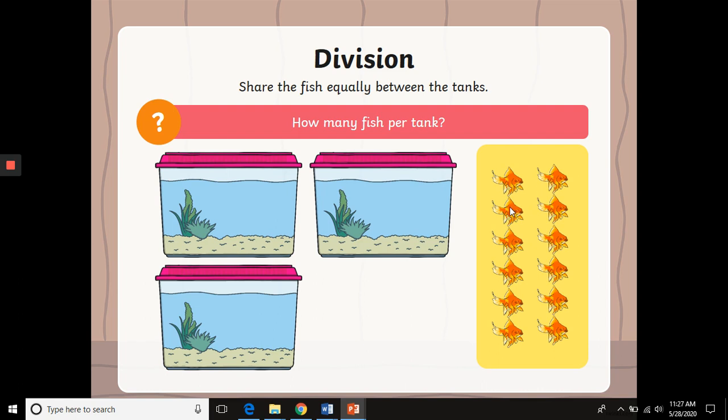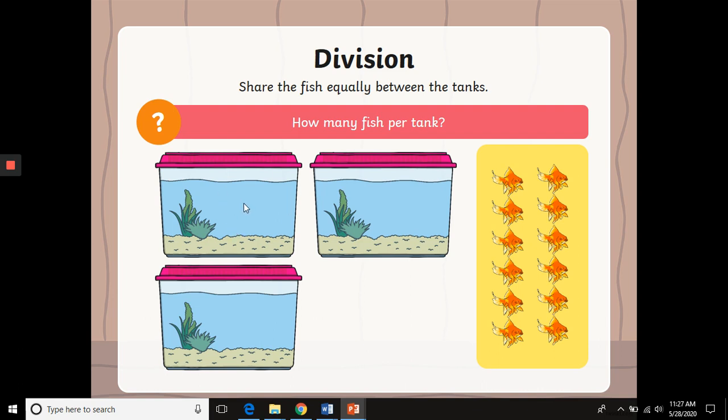1, 2, 3, 4, 5, 6, 7, 8, 9, 10, 11, 12. There are 12 fishes altogether and there are 3 tanks. What do you think? How many will each tank have? That means how many fishes will go in each tank.